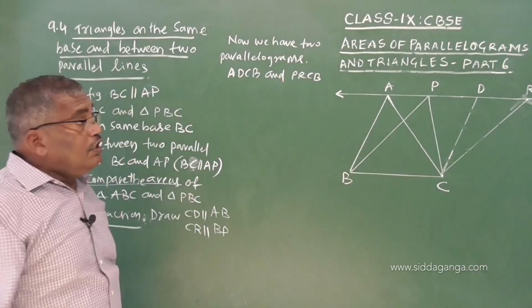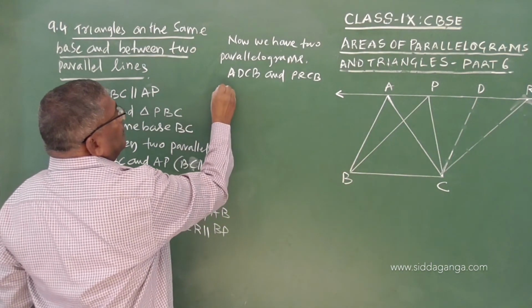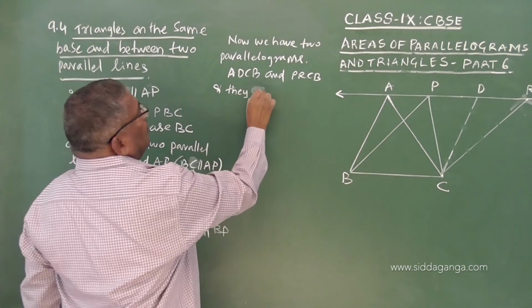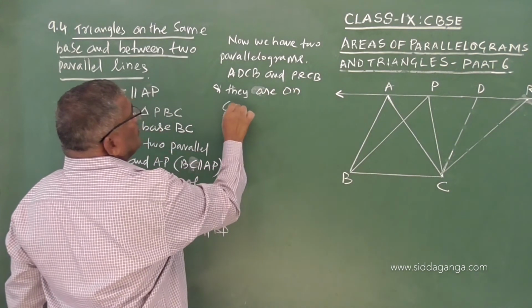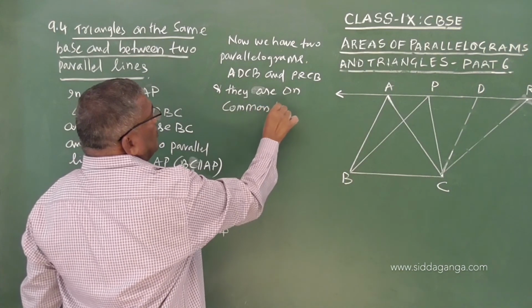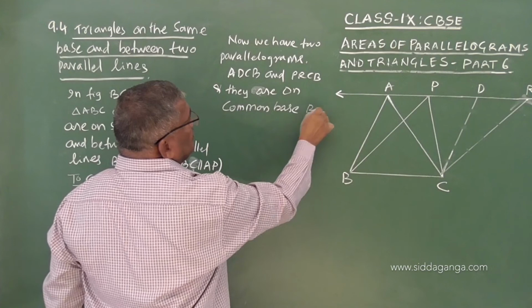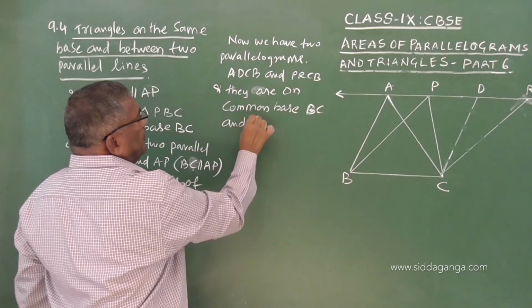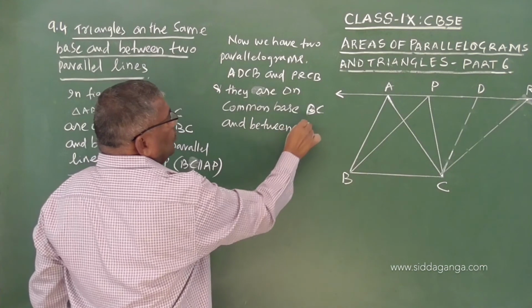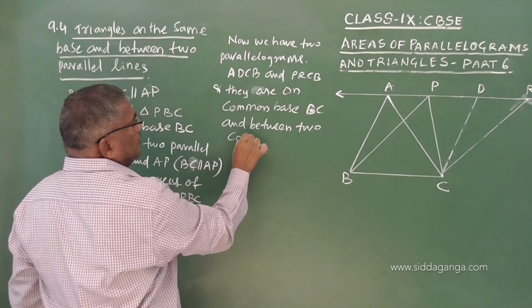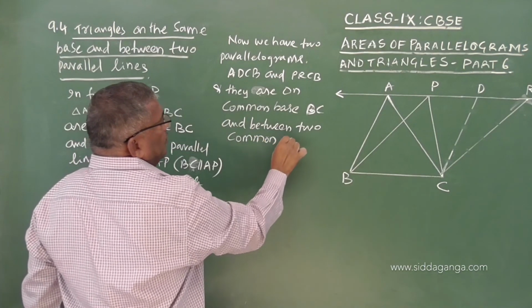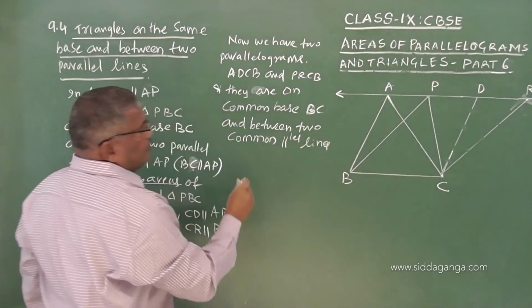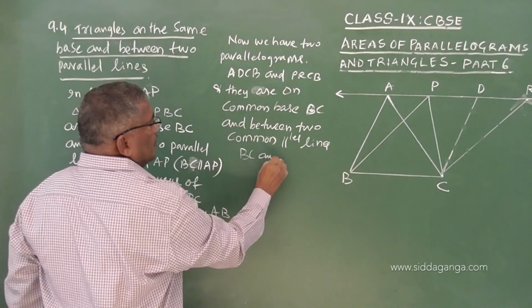They are on a common base BC, and between two common parallel lines, BC and AR.